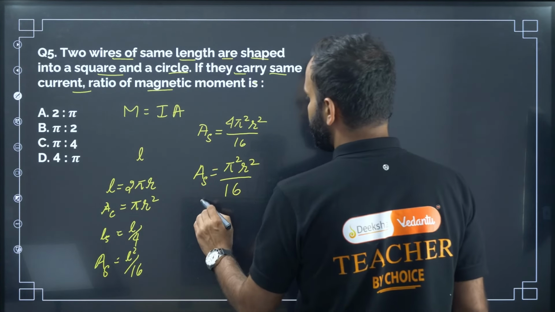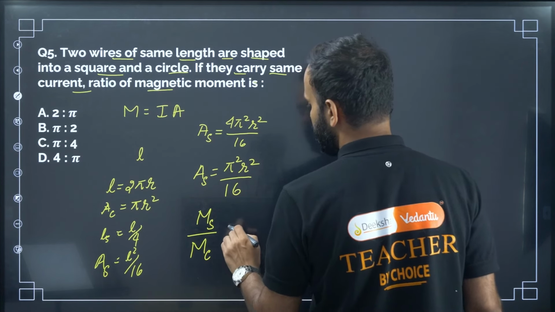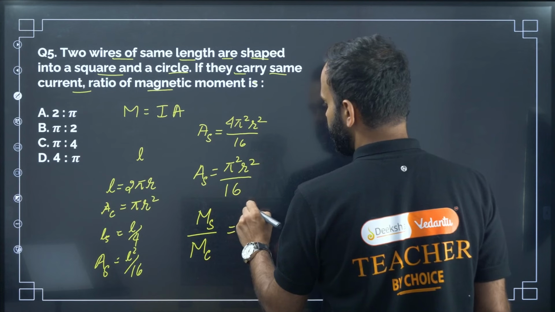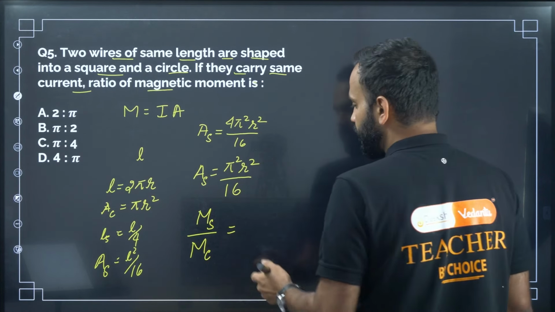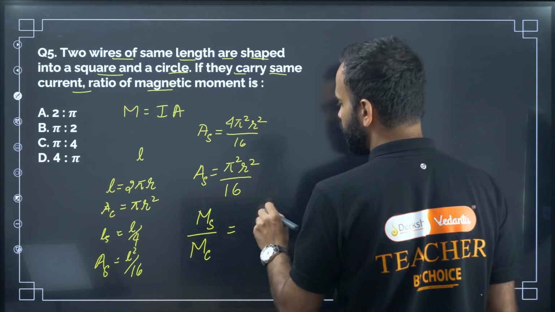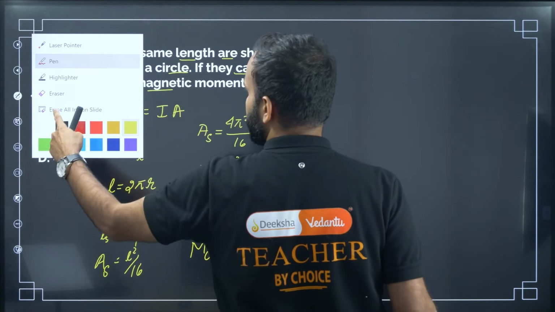So now we need to find the ratio of the magnetic moment of the square loop to the magnetic moment of the circle, MS. Here anyway current will get cancelled, current in the square loop and current in the circular coil will get cancelled. So this is 4, not 16, it is 4.